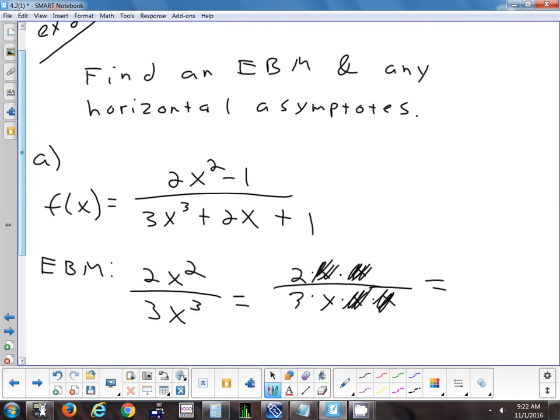So what am I left with for my final answer? 2 over 3x. That's the end behavior model. In other words, if you were to graph the original problem and what we just wrote and zoom out enough, they would basically look identical.